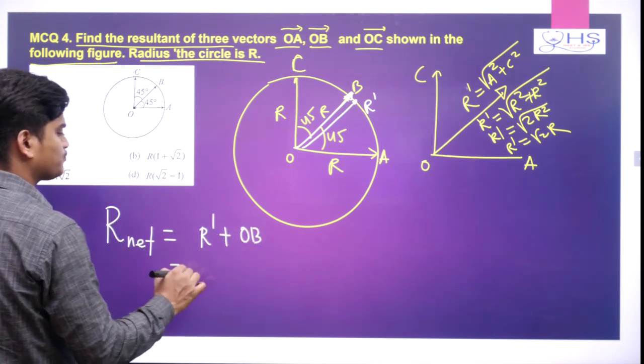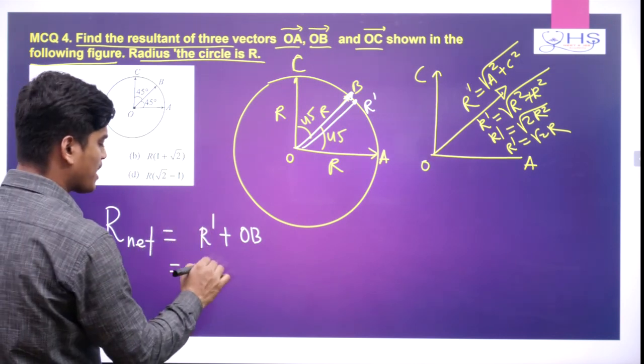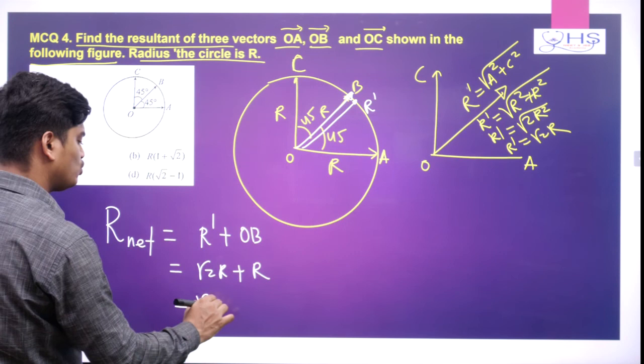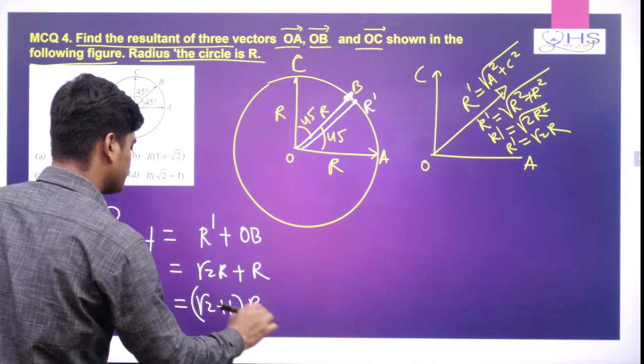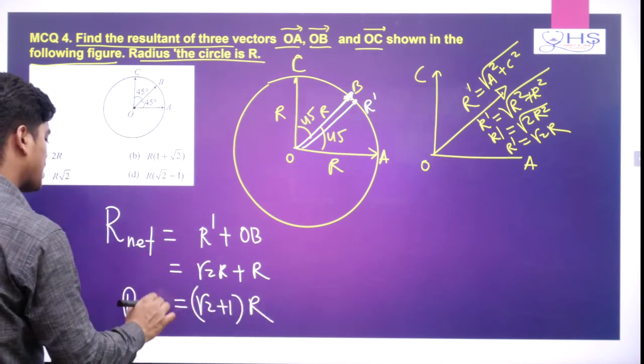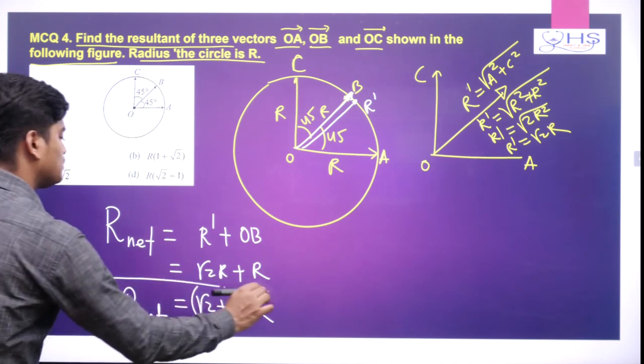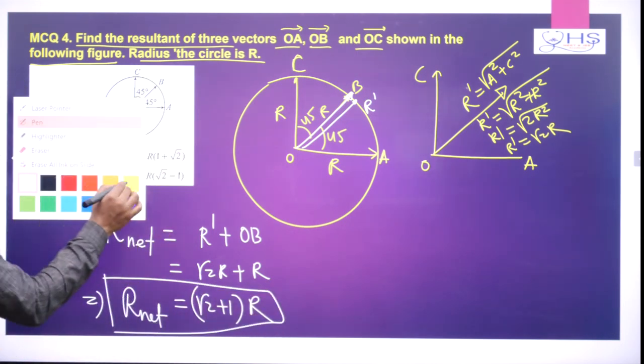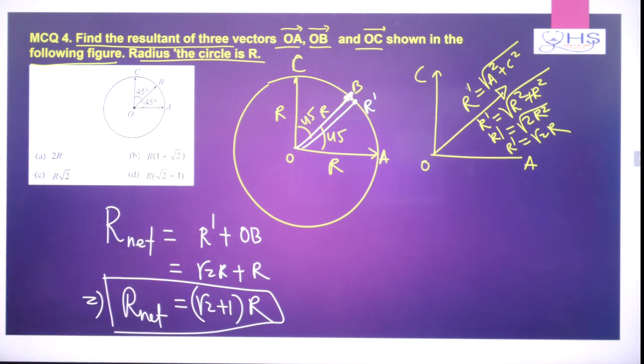R prime magnitude is root 2 r, OB magnitude is r. Now root 2 plus 1, r you take common. So this is your total r net, the total resultant. So it comes to root 2 plus 1 times r. That means your answer will be option B, r into 1 plus root 2. So this is the solution, try to understand.